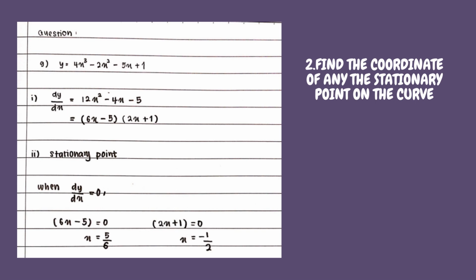When dy over dx equals to 0, equation number 1, 6x minus 5 equals to 0. X equals to 5 over 6. Equation number 2, 2x plus 1 equals to 0. X equals to negative 1 over 2.